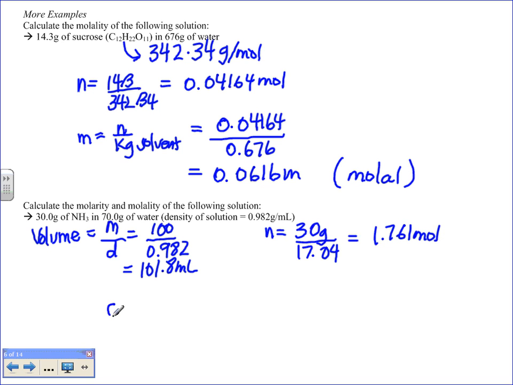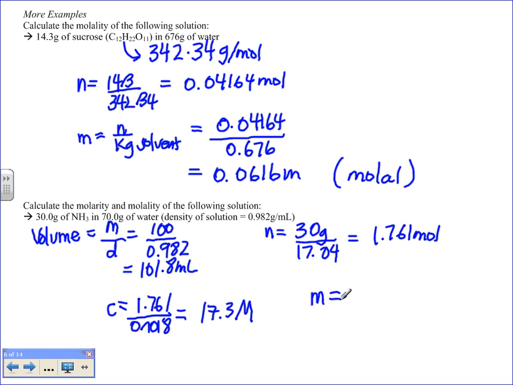To find the molarity, or the concentration, we take these moles, 1.761, and divide by the volume of solution in liters. So divide by 0.1018, and we find that we've got a 17.3 molar solution.